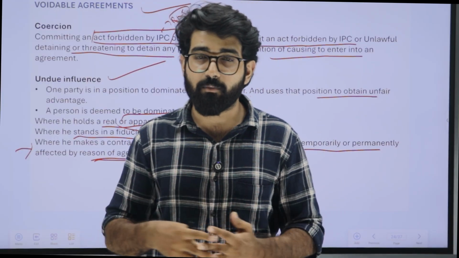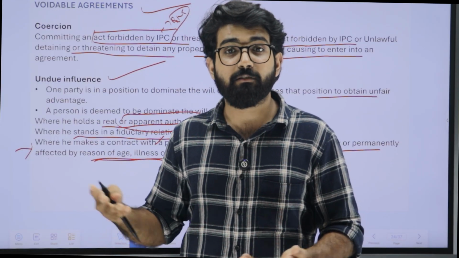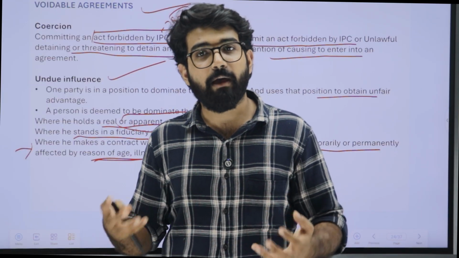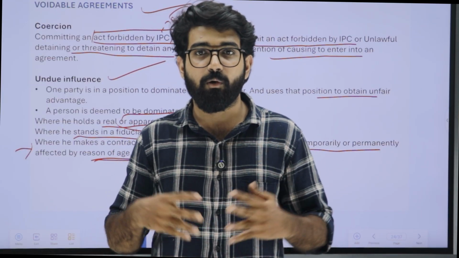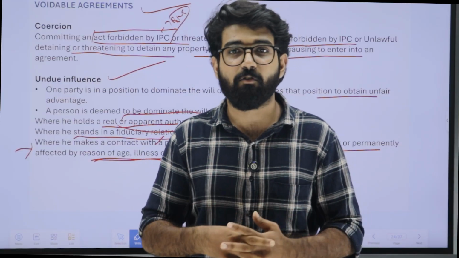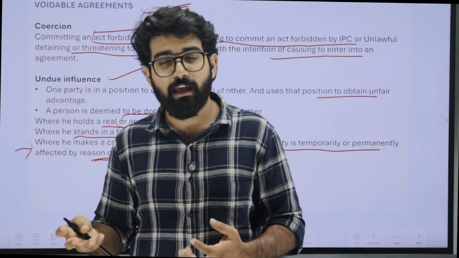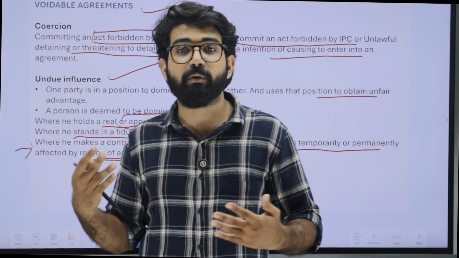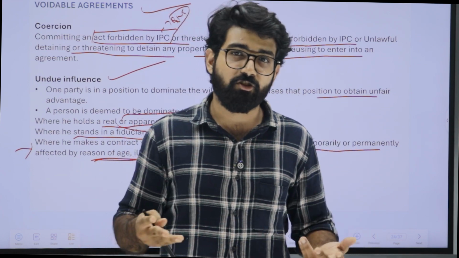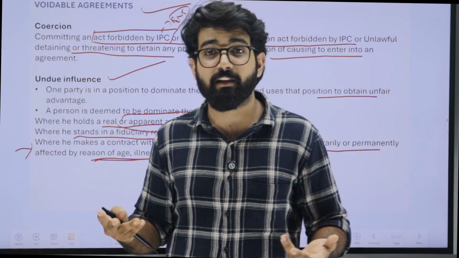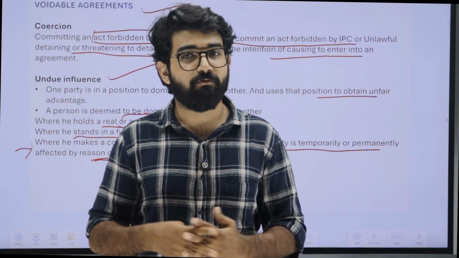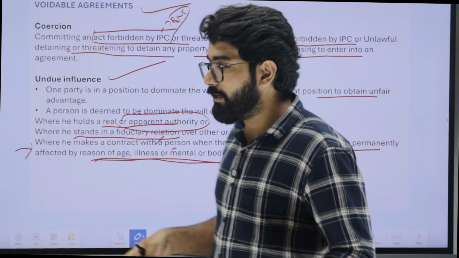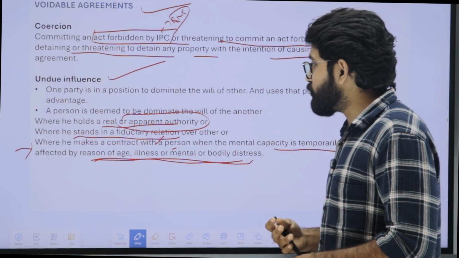So that is a vulnerability. And here the son who is residing with him has an apparent authority, right? He is the only one capable of taking care of him. So he had an apparent authority, and the other person is vulnerable. So that is also a perfect example of undue influence. There is a potential case for undue influence. These are real life circumstances that may arise in your legal career if you are into litigation.